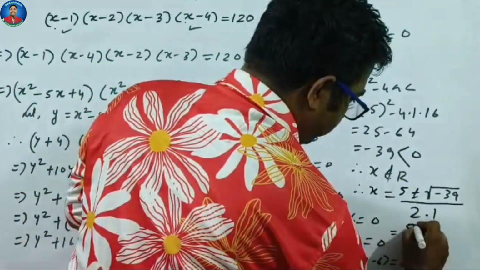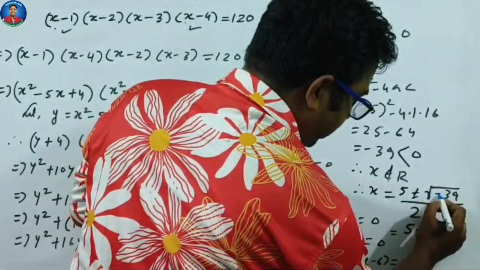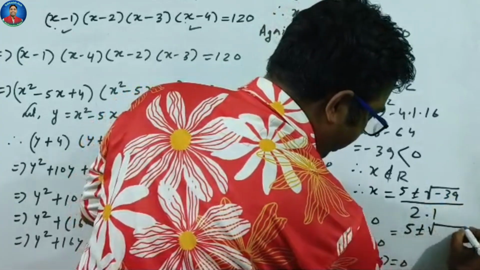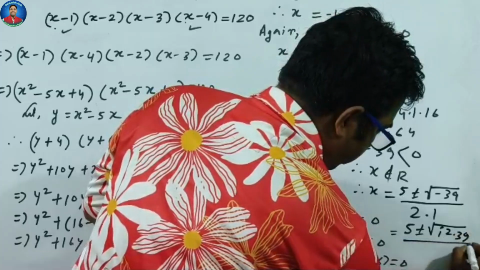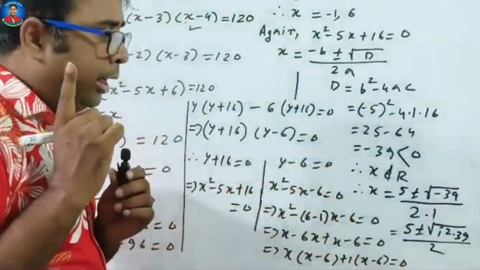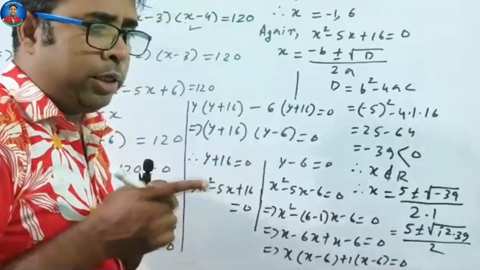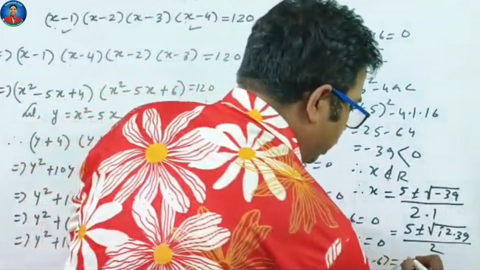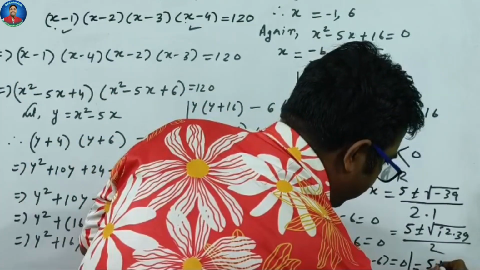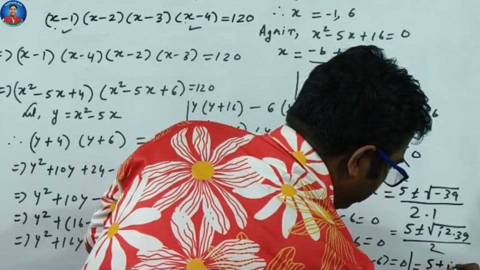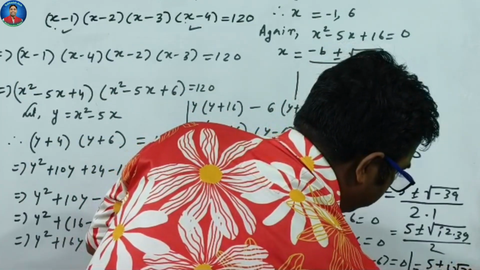So this is 5 plus minus root of minus 1 into 39 by 2, which can be written as i square into 39 by 2. Because i, in case of imaginary numbers, i square is always considered as minus 1. So what is the value of x? 5 plus minus i root over 39 by 2.